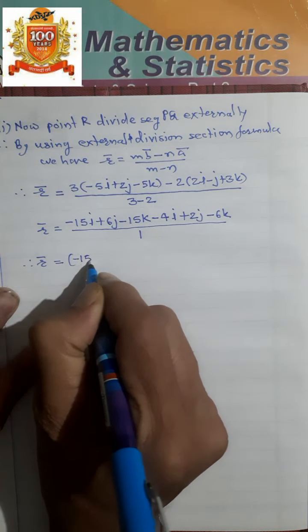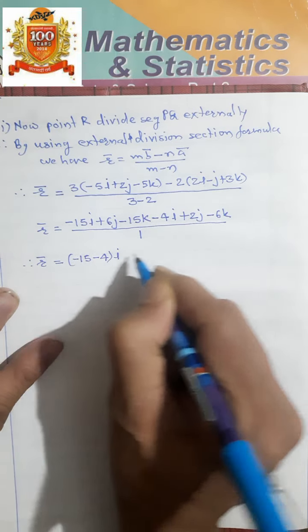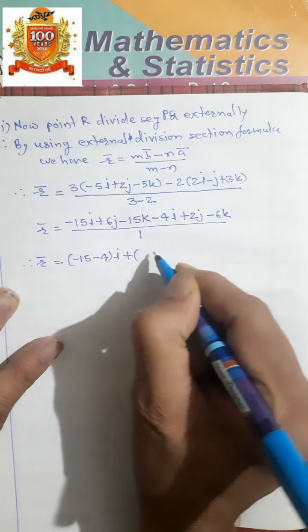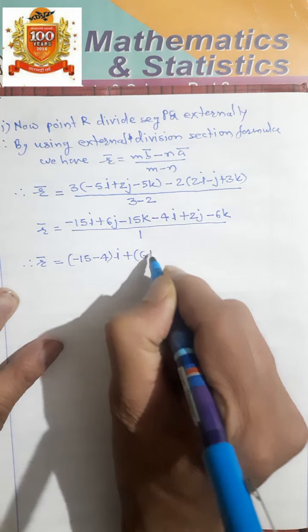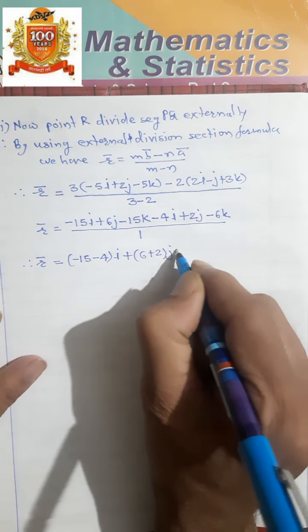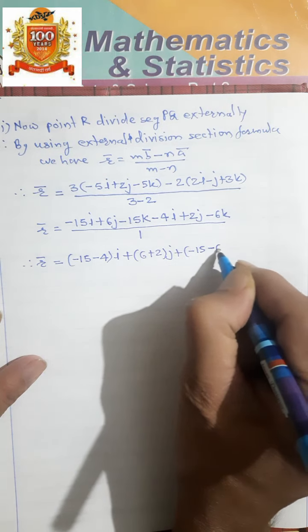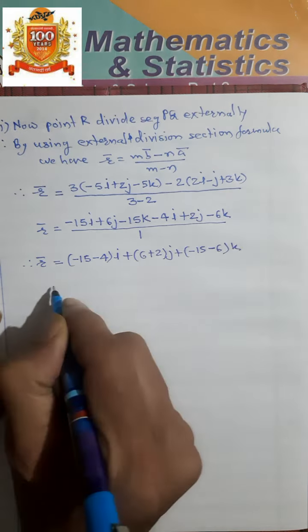That is, R bar is equal to (minus 15 minus 4) into i plus (6 plus 2) into j plus (minus 15 minus 6) into k.